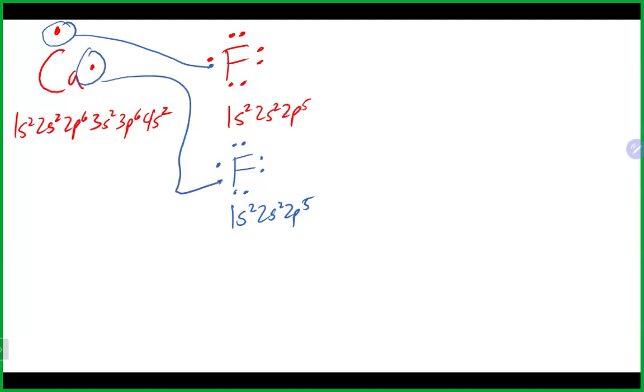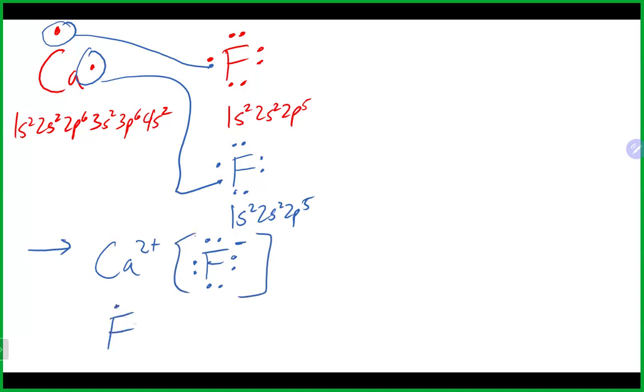And now, as a result of this, we will end up with a calcium that has a +2 charge. We will end up with 1 fluorine that gained 1 electron and has a -1 charge. And we will end up with another fluorine, I'll just draw it there, that also gained 1 electron and will be a -1 charge.